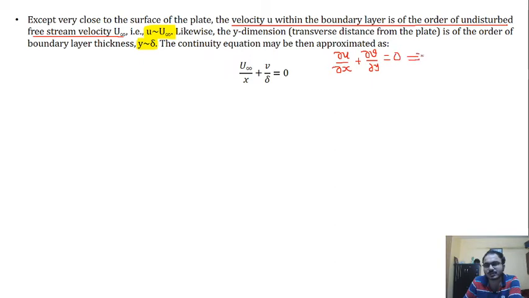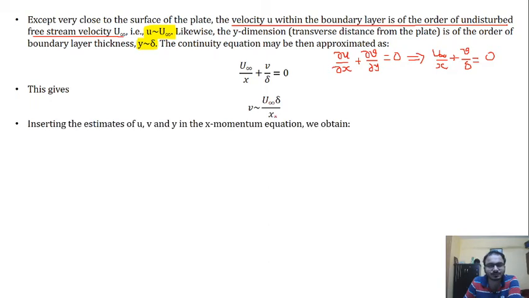So here we are getting simplified version is u infinity upon x plus v over delta, the same thing which is written over there, is equal to 0. This gives v as approximately u infinity delta over x.